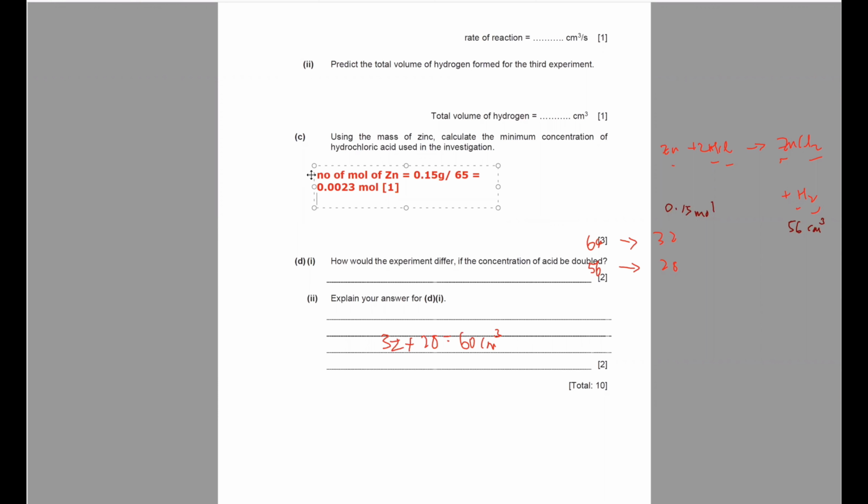Then second, you do the mole ratio. So zinc to HCl is 1:2. So the number of moles of HCl will be times 2 that of zinc.